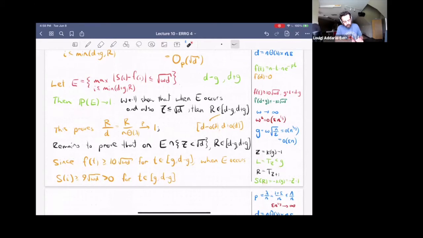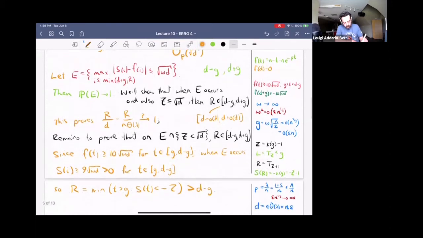So r is after g, and so if s is positive between g and d minus g, then r can't be between g and d minus g. Okay, and so that means that r, which is the minimum t bigger than g such that st is less than minus z, is another way to write it, must be bigger than d minus g. Okay, so that's one of the two things we wanted.